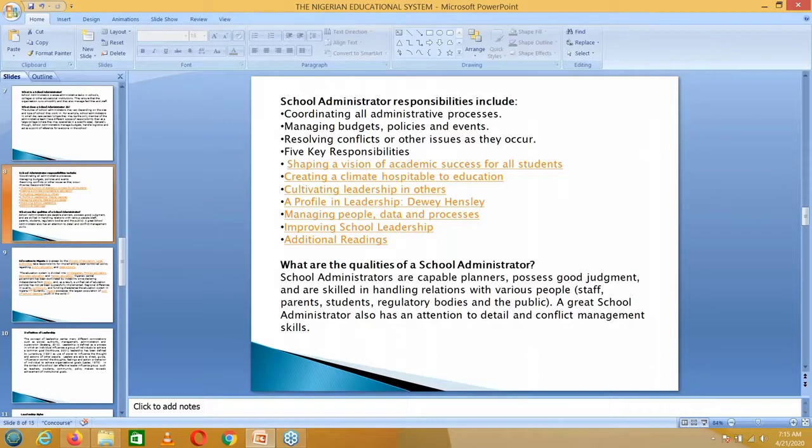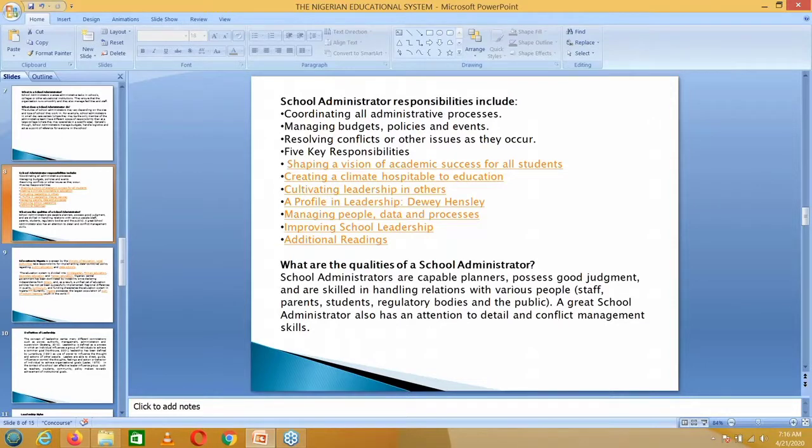He is supposed to shape the vision of the school, what the school intends to achieve regarding the success of all the students. Creating a climate hospitable to education: a convenient or suitable environment for education. You should create a climate that will be suitable for imparting knowledge, for imparting skills, and for learning.